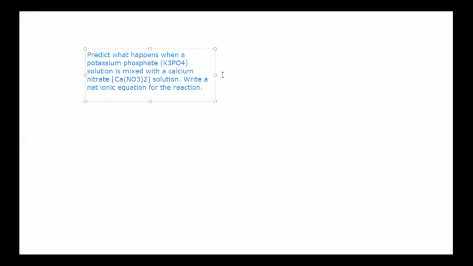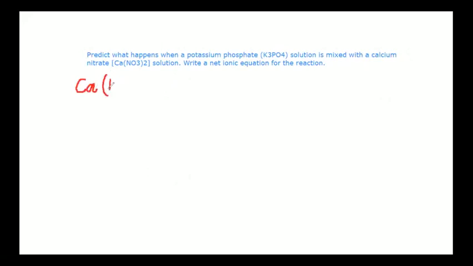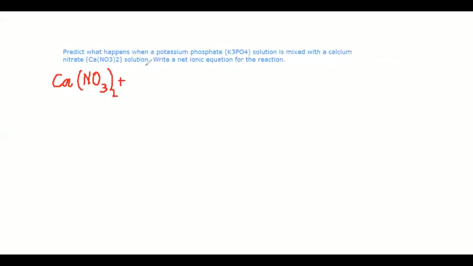Okay, friends, let's have another example of precipitation reactions. Two solutions, calcium nitrate with potassium phosphate.